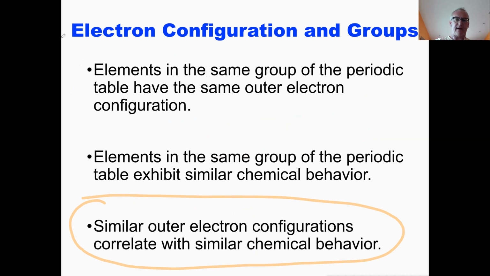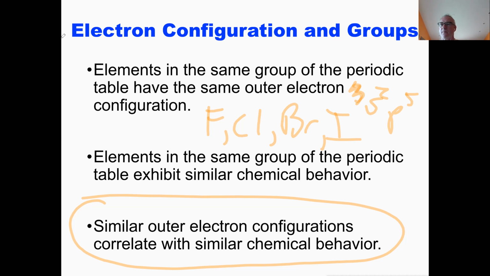We're talking about fluorine, and chlorine, and bromine, and iodine. All of those elements, the halogens, all have 7 electrons in their outermost shell. They have s2p5. And the numbers may change: 2s2, 2p5, 3s2, 3p5, 4s2, 4p5. They're all exactly the same.